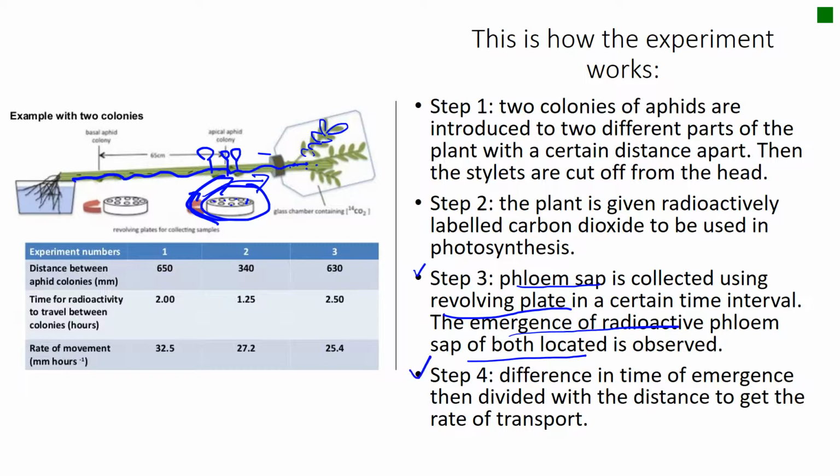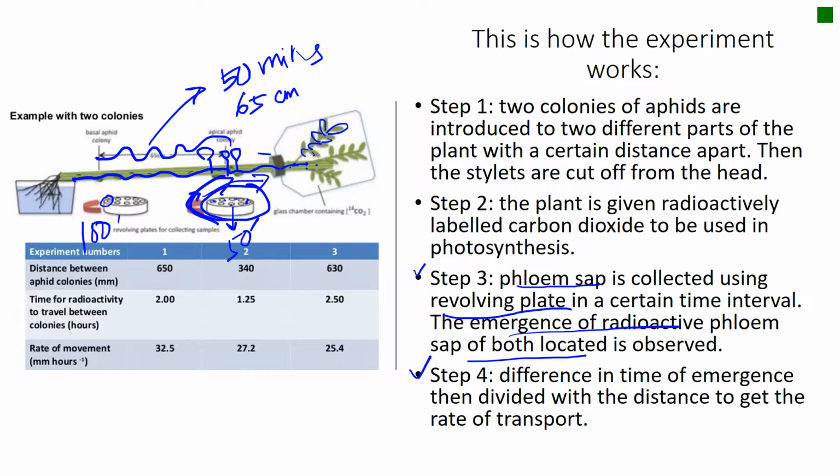And then the last step. After they got it, for example, in the 50th minute, the drop of the phloem in this area contains radioactivity, and then after, let's say, 100 minutes, the first drop of phloem sap that contains radioactivity is found in this spot. So it means that within 50 minutes, the phloem sap has traveled as much as 65 centimeters.